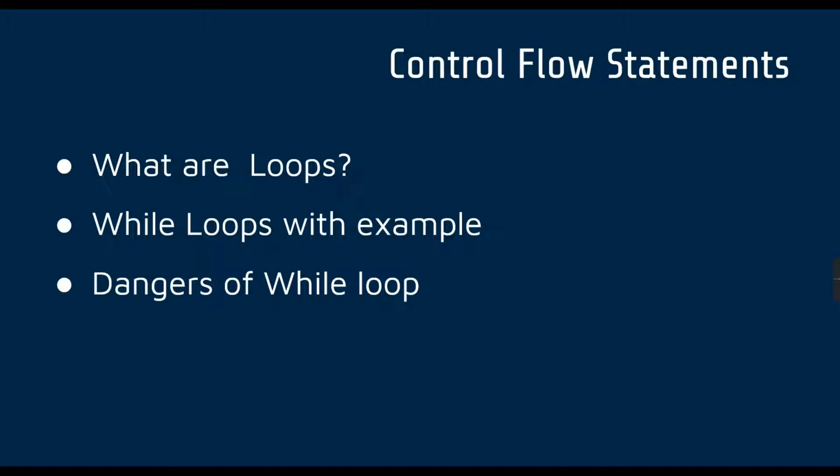And once this condition is true and it has run the block of code, it again goes back after one iteration. The condition is again checked, and this process continues till this condition evaluates to false, after which our while loop terminates.